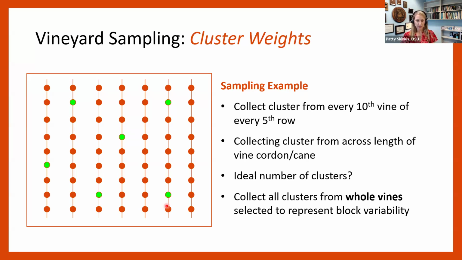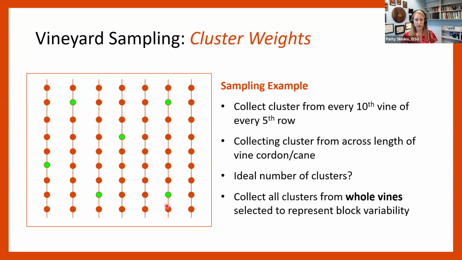The question I get a lot from people is, what is the ideal number of clusters to sample? That is something that's hard to give you an exact answer on, but I will give you some guidance in the next few slides. But I can tell you this, I like to recommend that people collect clusters from whole vines rather than doing individual cluster collections.